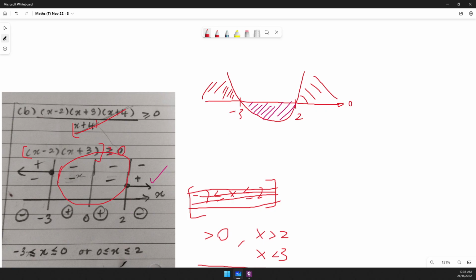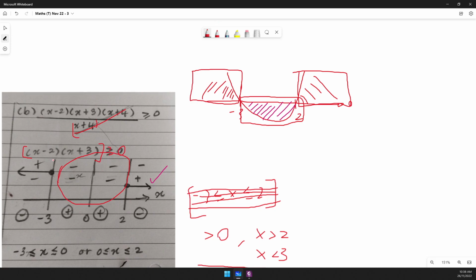If it has roots at negative 3 and 2, it goes through here, and only this is negative. Anything below this part is negative, anything above is positive. So these two should be positive. When you input this root inside here, it should be positive.